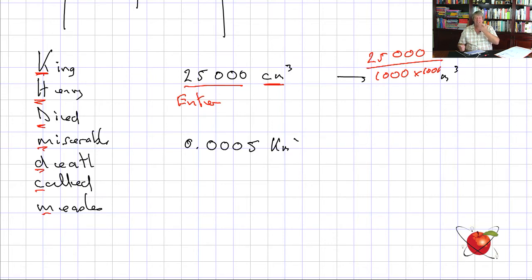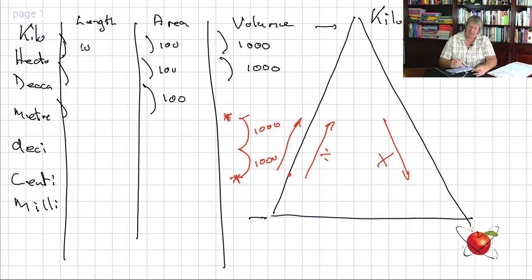And let's say we want to know how many square meters that is. Well, we enter at kilo. We enter here, and we're on the area. And we are going down to here.